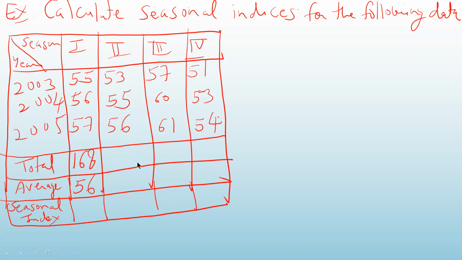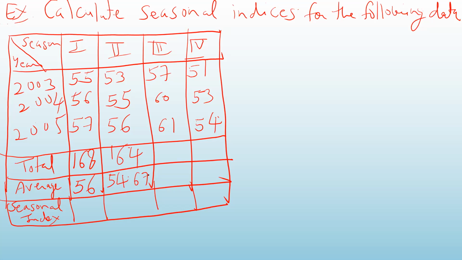Okay. For the second season, the values are 53, 55, and 56. So you get 164. Take the average, means divide this by 3. So you get 54.67. Then the third season, add the values 57 plus 60 plus 61.